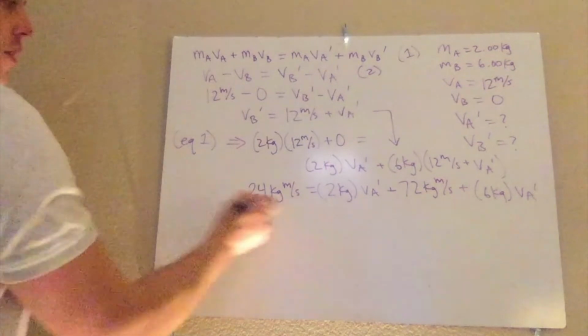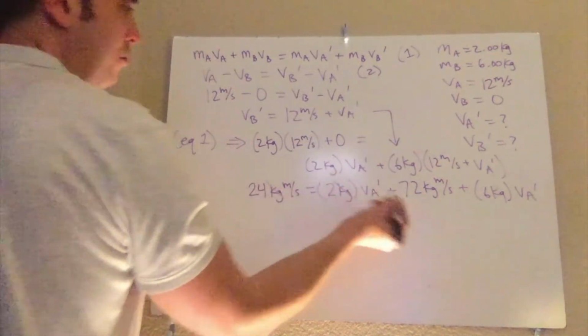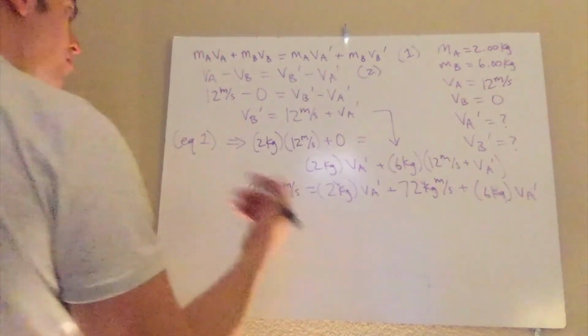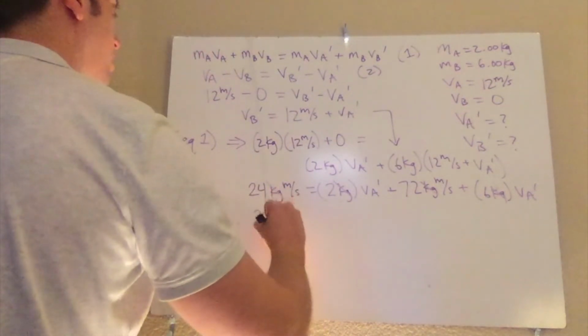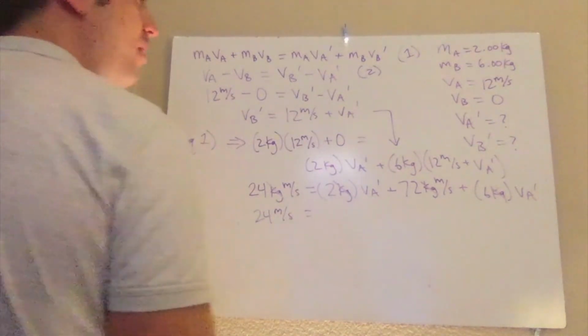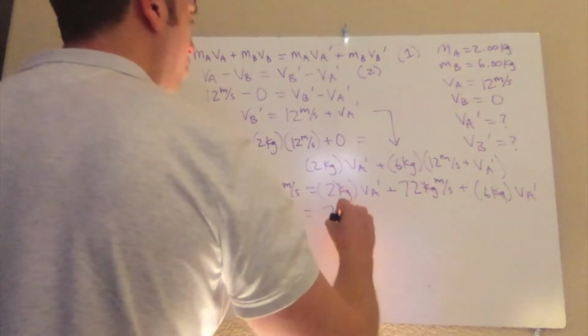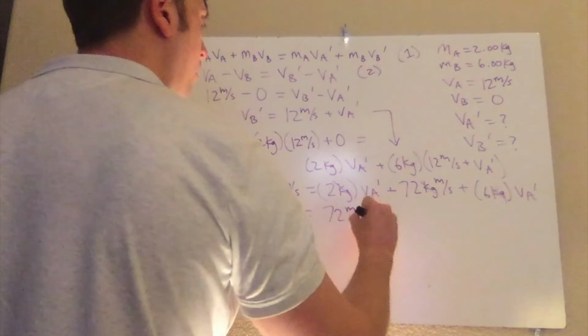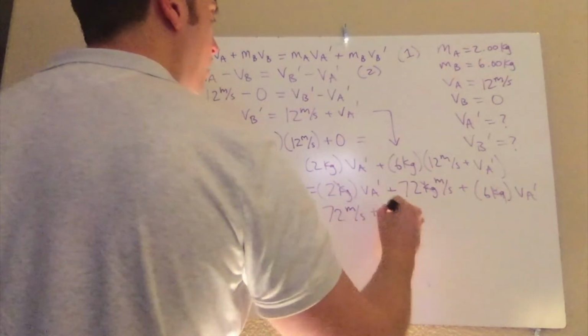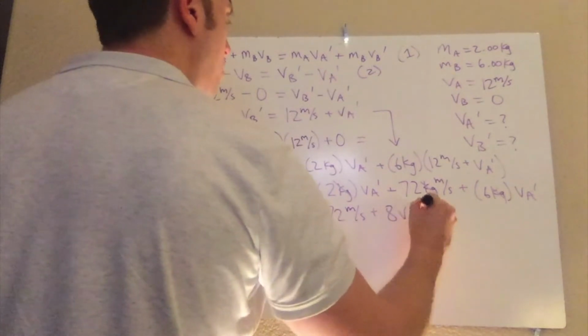Notice how I have a unit of kilograms in every single term. Cancel that out. Then let's simplify some more. We have 24 meters per second on the left. On the right, we have 72 meters per second from this term. And then I have 2 plus 6, which is 8 times VA prime.